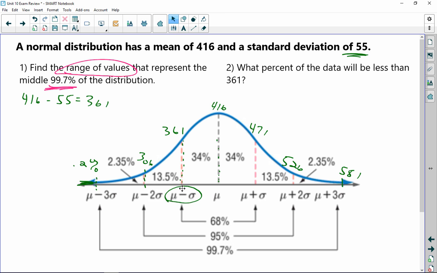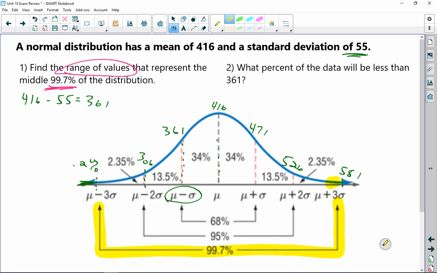Well, the middle 99.7 is from there to there. So it's this line right here, all this into this area, and then all that. So we're going from this line right here to this line.